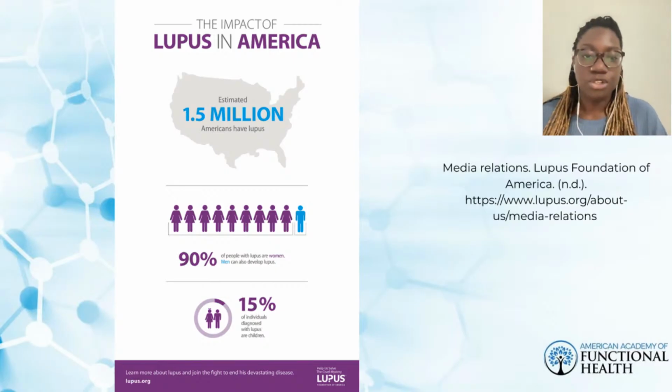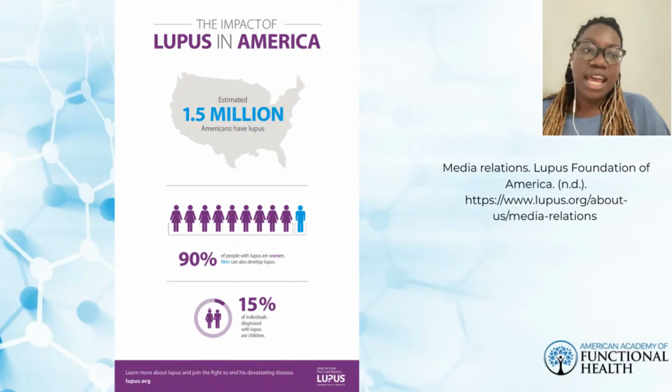In some cases, their response to treatment and clinical presentation may look a bit different, but they can develop lupus. And interestingly enough, 15% of individuals that are diagnosed with lupus are children. So there's a broad demographic of people that are affected by lupus.